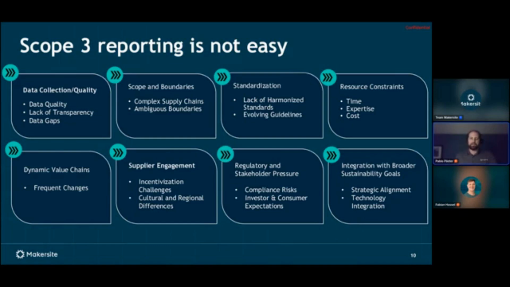So the complexity of providing multiple outputs to multiple audiences is a challenge. Integration with broader sustainability goals. So there's a need to align strategically with the company's goals around sustainability. There are challenges around technology integration and so on.